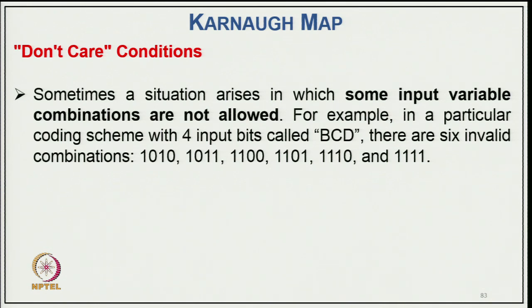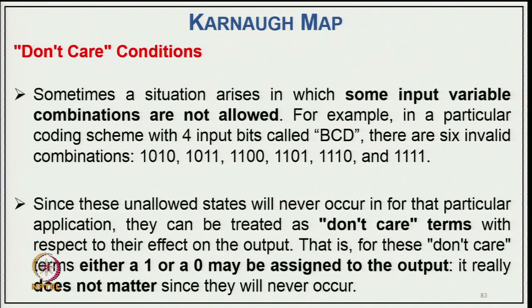Another concept here is the do not care conditions. Sometimes a situation arises in which some of the input variable combinations are not allowed. For example, in a particular coding scheme with 4 input bits called BCD, there are 6 invalid combinations starting from 1010, or you can call it A to F in hex code, or 10 to 15.